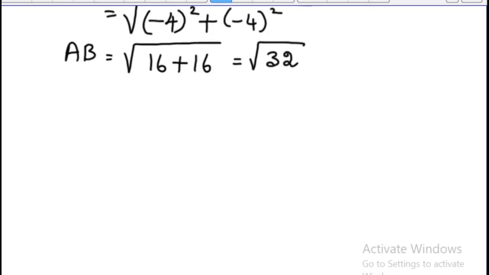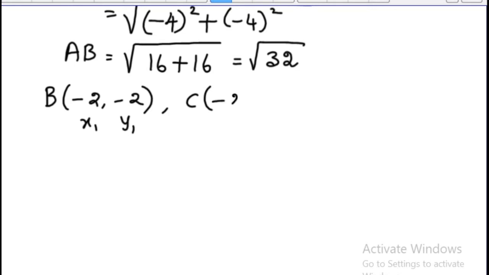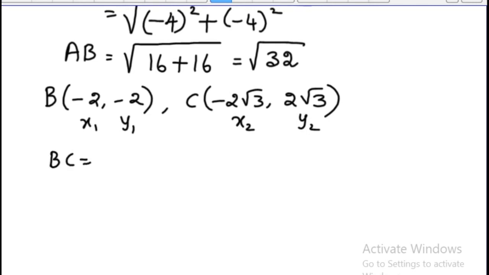Then BC. Okay, B is the point (-2, -2). This is x1, y1, and C is the point (-2 root 3, +2 root 3). Okay, so this is x2, y2. Therefore BC is equal to square root of, what is x2? -2 root 3.